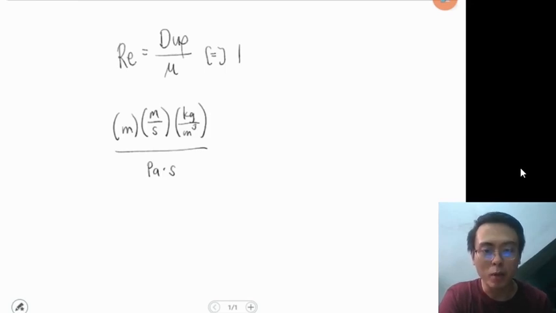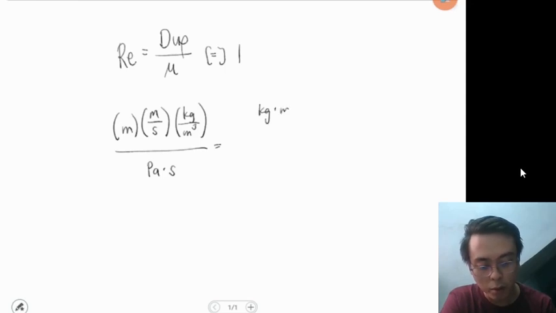We need to be able to reduce all of this to a dimensionless quantity, or every unit should cancel. Let's first decompose Pascals, because Pascal is the only unit here that is not a fundamental unit. If we simplify the numerator, we get kilogram square meter per second per cubic meter.